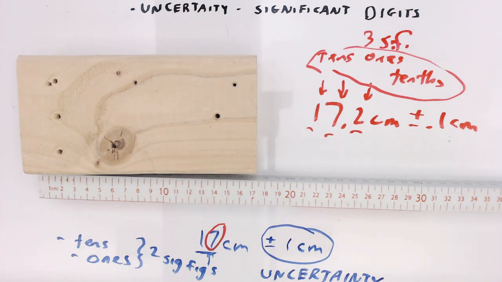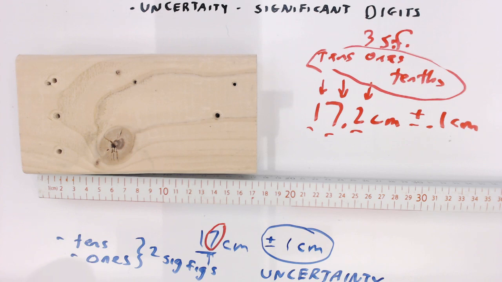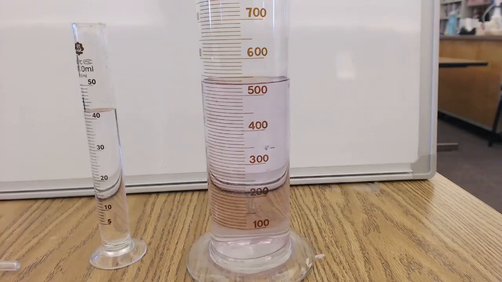The uncertainty and the number of significant figures will be really important when we use calculators with measured numbers, because we're going to have to round off our calculator answers based on either the uncertainty or the significant figures. We'll learn how to do that later. So here's a couple for you to try.